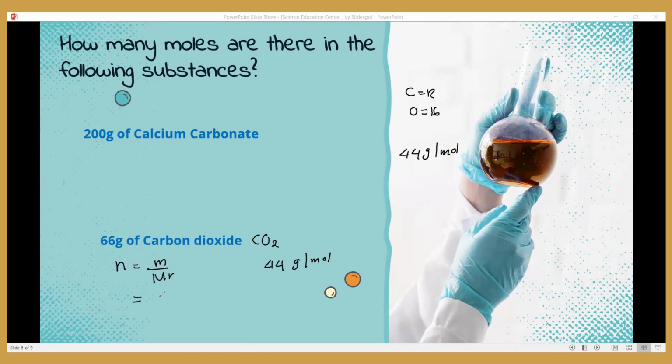The mass given over here is 66 gram, and the molar mass that we found out is 44 gram per mole. So dividing this gives me 66 by 44, and that is 1.5. Remember, the unit has to be mole since we are finding out the number of moles.